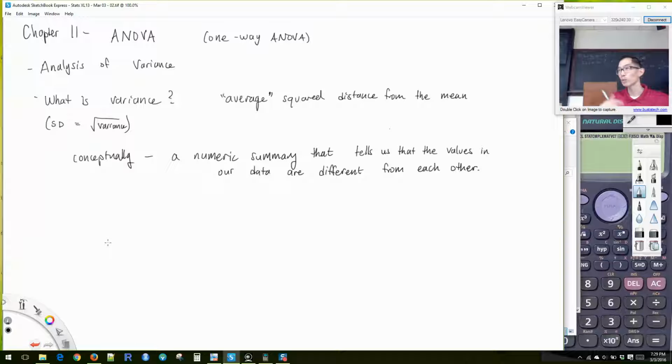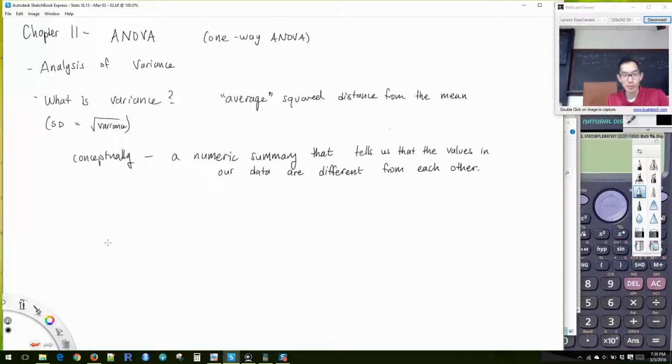Rather than just have this general statement that says everyone has different heights, we want to assign some amount of that total variance and say part of the reason why people are different heights is because some people are men and some people are women.